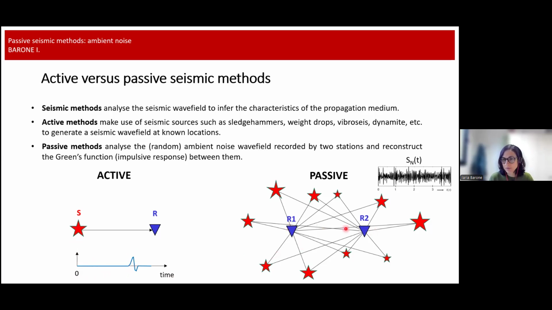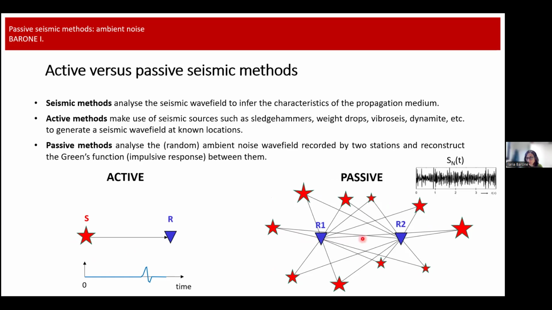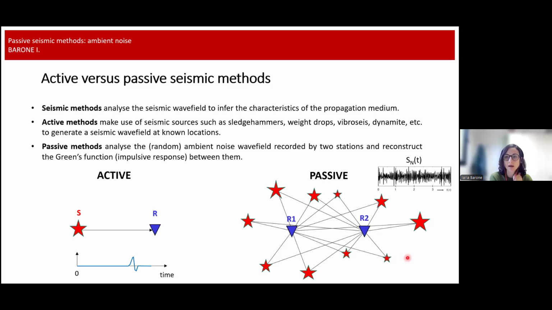In the passive case, we don't have controlled sources. What we have generally is a pair of receivers or stations, and then we have many sources that are acting everywhere, but we do not know where and when, and we also don't know their signature.